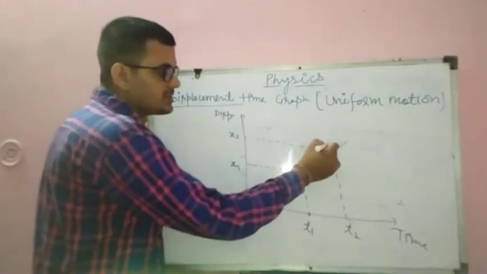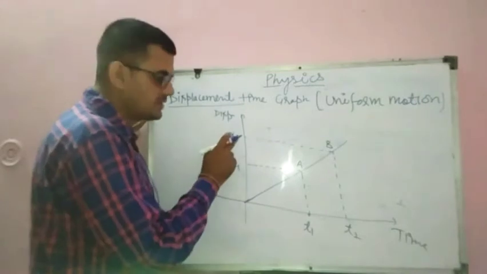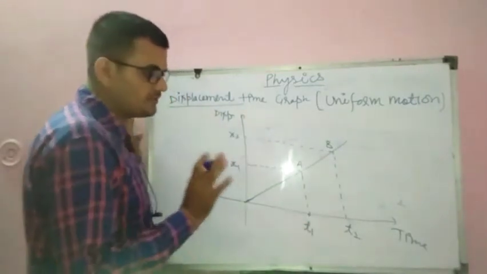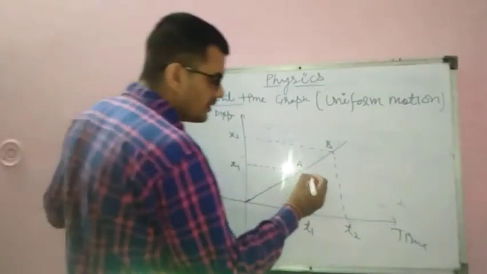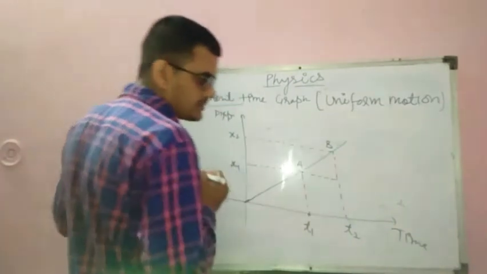When the body reaches point B, its displacement from origin becomes x2 and time is t2. Now what we will do, join these two like this.